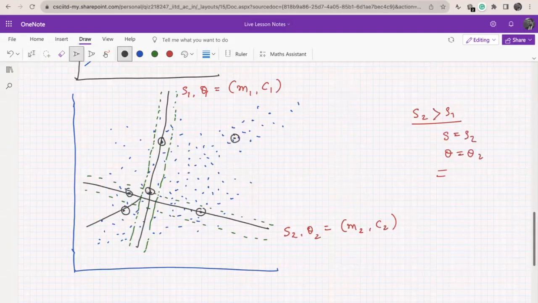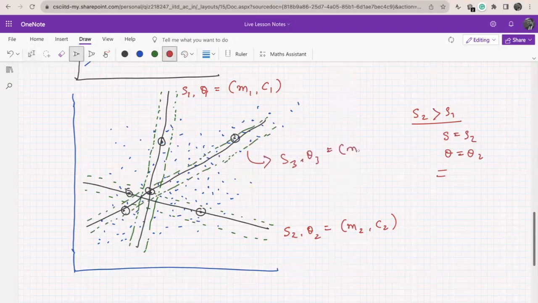It will go like this, and if we build a neighborhood around it, we can see that this has the maximum number of points in the neighborhood. Let's say this has a score 3 and parameter 3, that is m3 and c3.